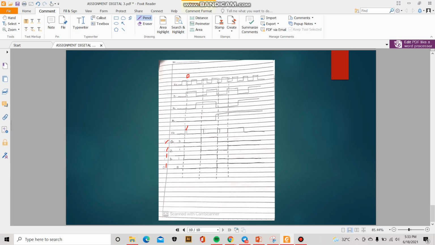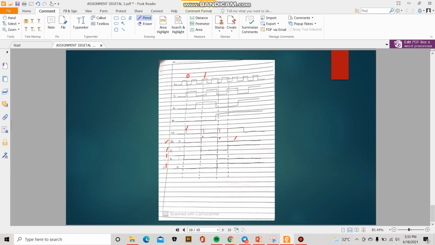And then when another one is high and D0 is 1, so we get 1 for this. Another one, enable is high, D0 is 0, so we get 0 here. And then here enable is high and D0 is 0, so we get 0.